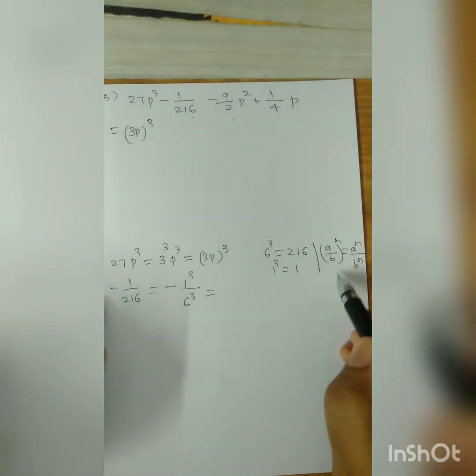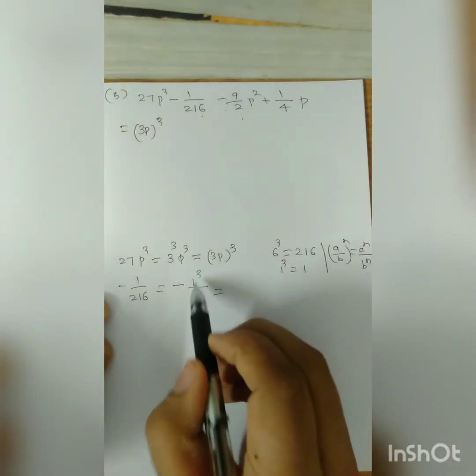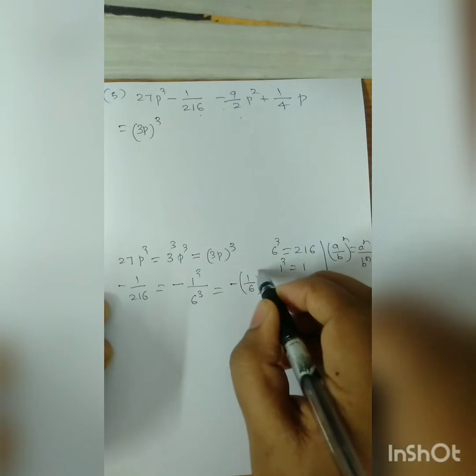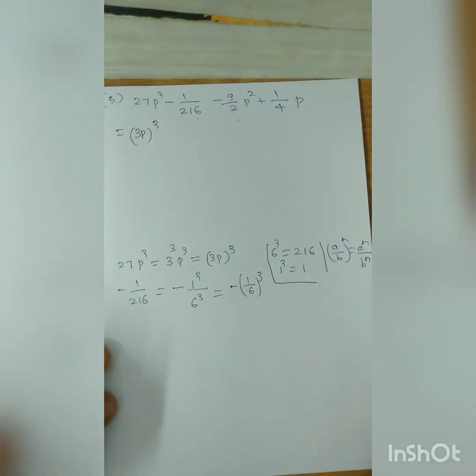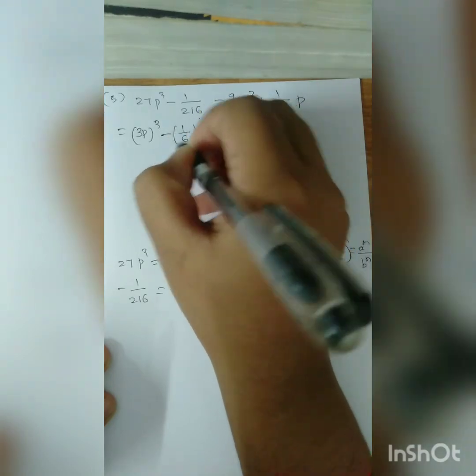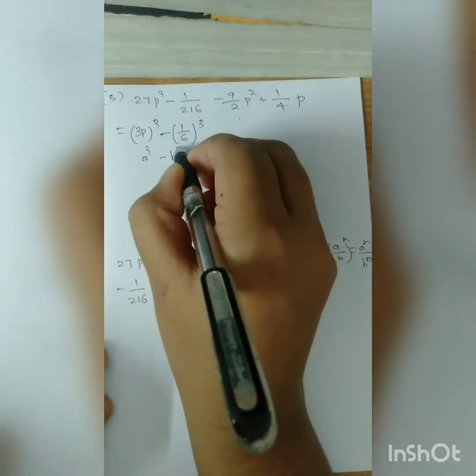So minus 1 cubed by 6 cubed is equal to minus 1 by 6 the whole cubed. So this term can be written as minus 1 by 6 the whole cubed. So this is in the form of a cubed minus b cubed.